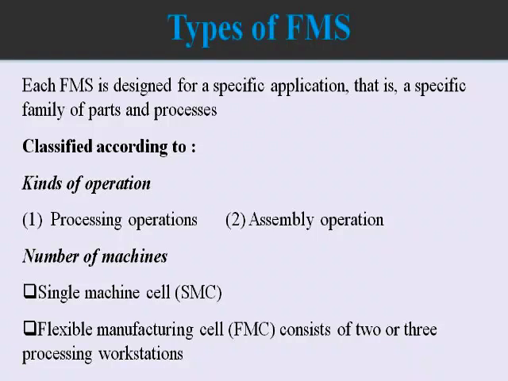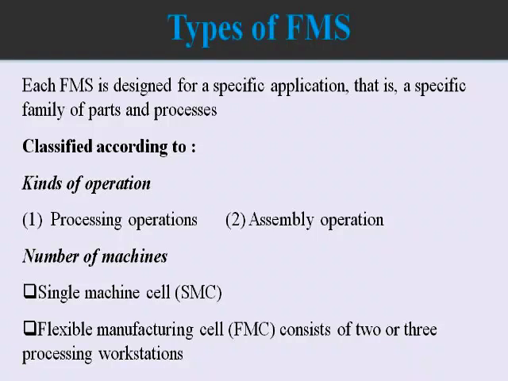Put 2-3 part families together and 3 to 4 machine families together, and if you arrange them with an automated material handling system, we can call this a system, and it is now capable of producing those 3 to 4 part families.